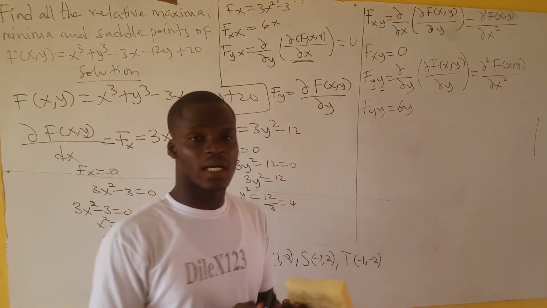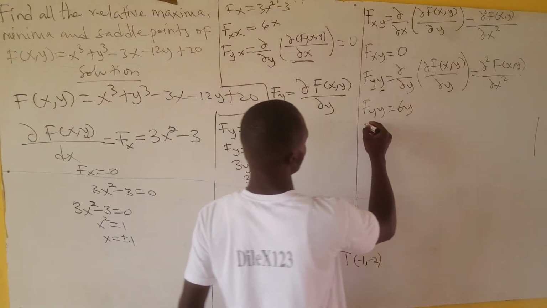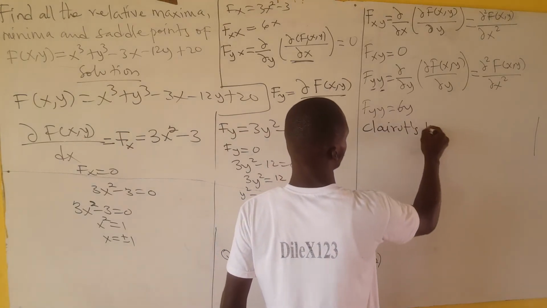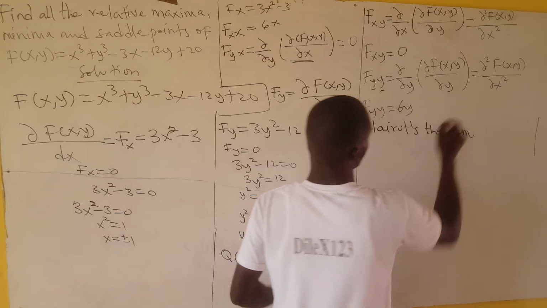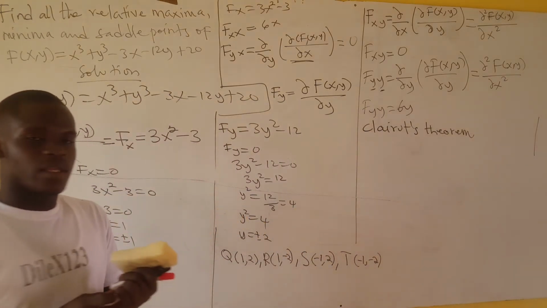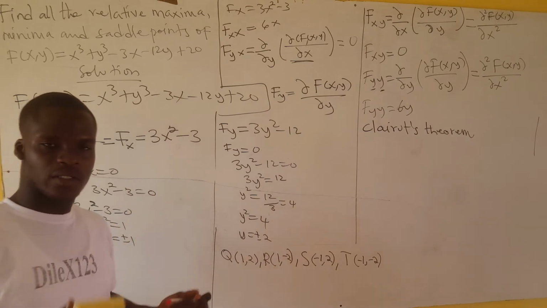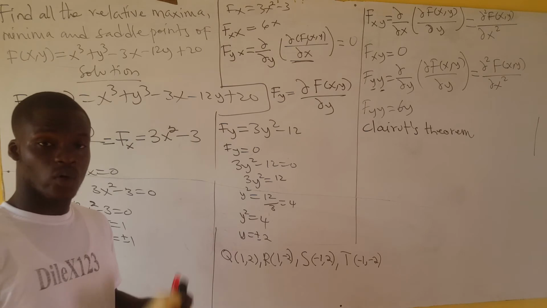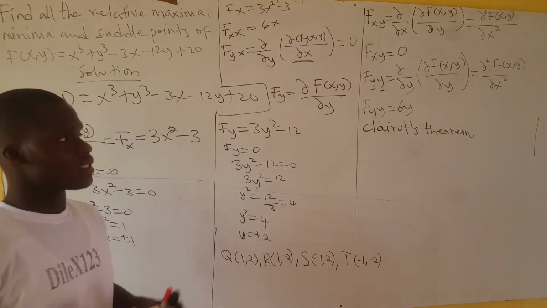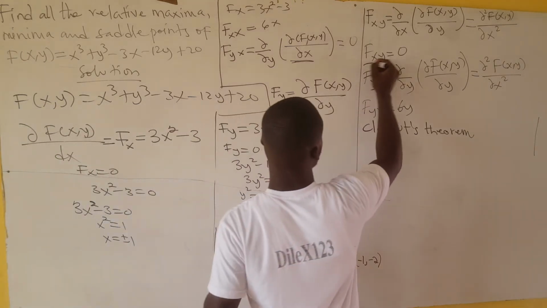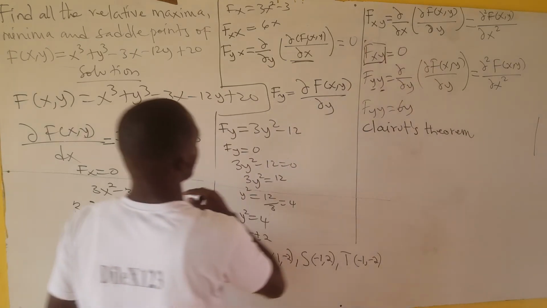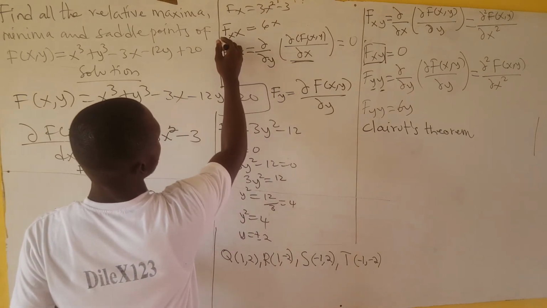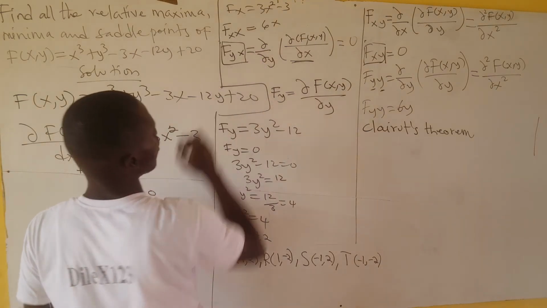Now there's something we call the Clairaut's theorem. Okay? Clairaut's theorem. So Clairaut's theorem said that if we have a function which is continuous, and then its first order partial derivative is also continuous, then it means that the second order partial derivatives, that is this one, fxy, and then fyx, will always be the same.